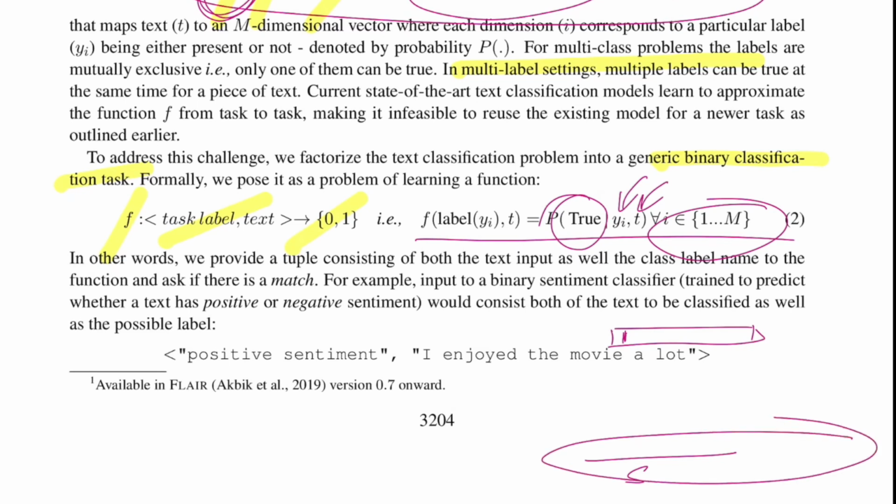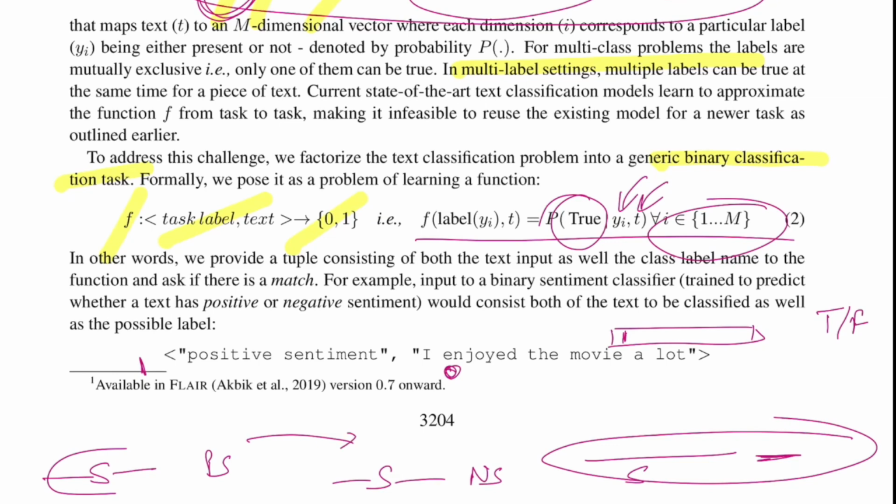Whereas in this case, since you are also appending the task label and the output is just true or false, you'll have a lot more input samples to train your model with. Because it could be, let's say, sentence S, and if it's a sentiment classification, you would say positive sentiment and the answer would be 1. For the same sentence, you can have negative sentiment as the label and the answer would be 0. So clearly the data is being multiplied by the number of unique labels that you have.